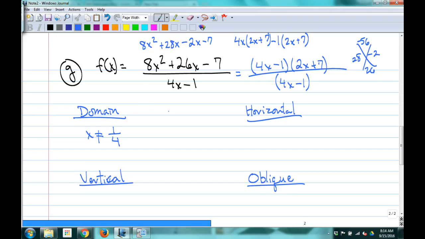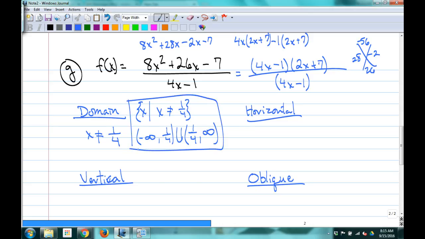So x does not equal 1/4. And then that's negative infinity up to 1/4, union 1/4 to infinity. So there's our domain in both forms.